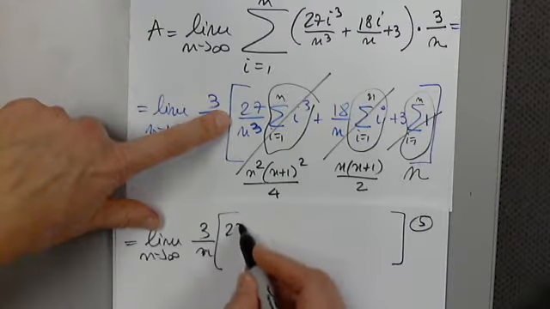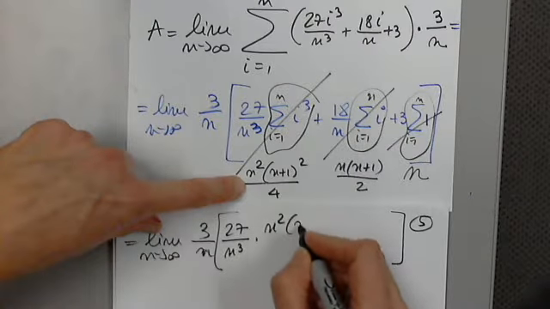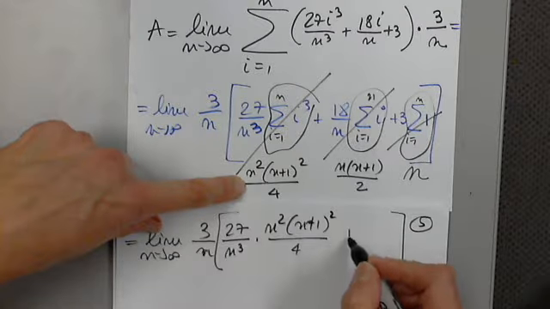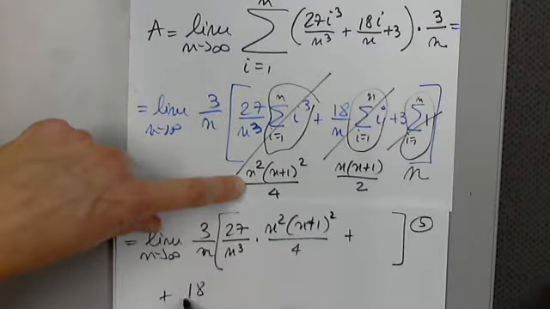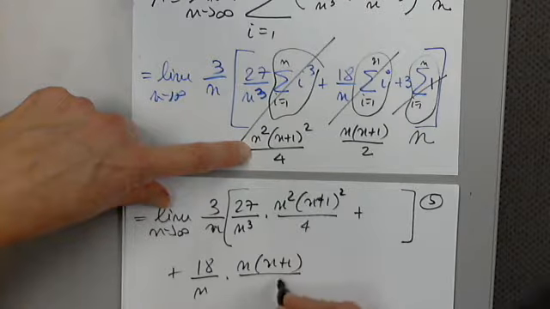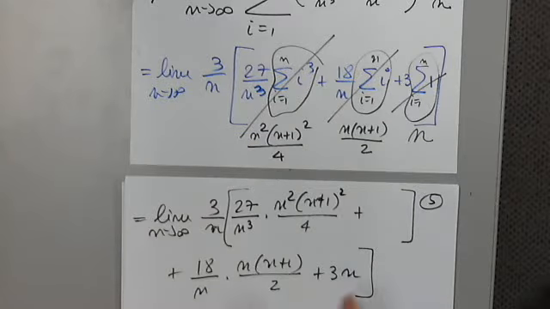And then I have 27 over n cubed times n squared, n plus 1 squared over 4, plus 18 over n times n plus 1 over 2, plus 3n. I'm going to delete that.